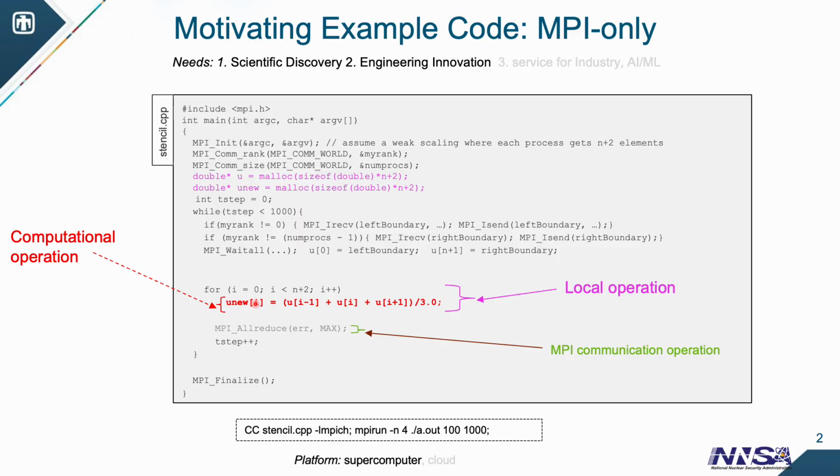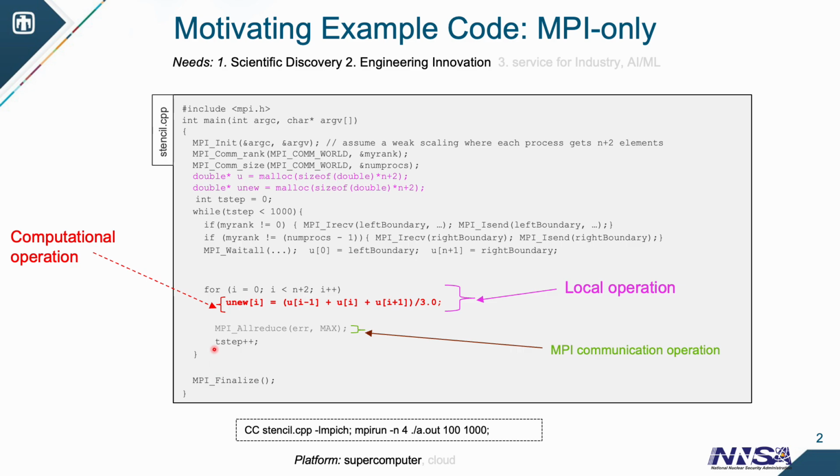This local operation is surrounded by a time-stepping loop, and this is often called an outer iteration. Now, for parallel computation across distributed memory machines, this local operation is preceded and succeeded by a process level communication, most often in the form of MPI.